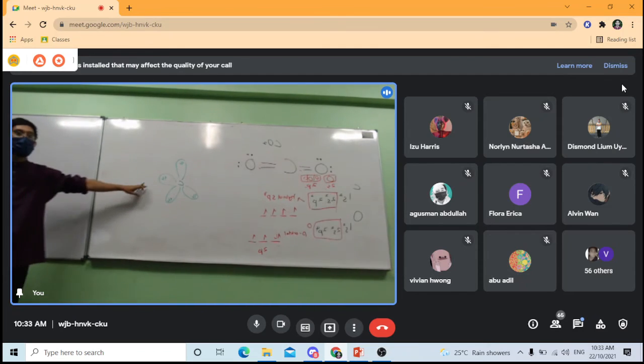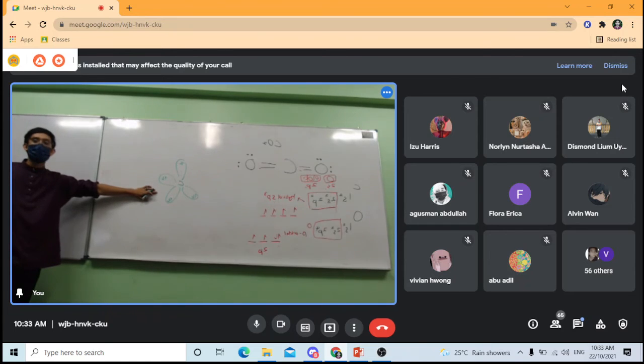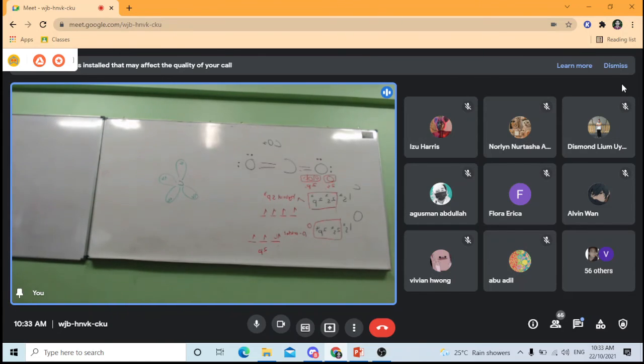So better this one is the wedges dengan dashes tadi. Okay. And then oxygen. So mana oxygen?